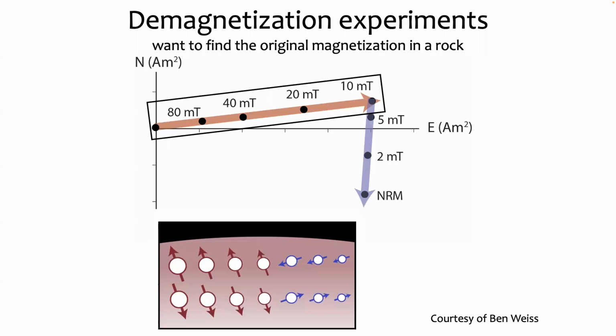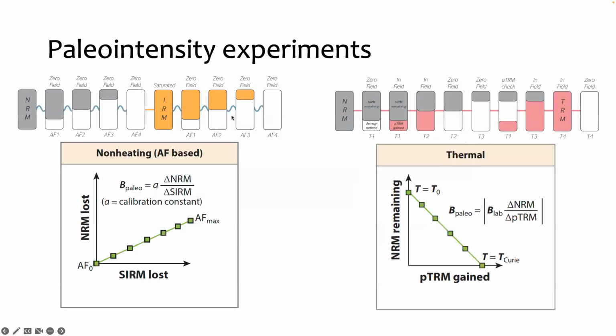The next thing we do, once we have isolated a magnetization direction, is understand the strength of the magnetic fields that created that magnetization. So we conduct a paleointensity experiment. We're using room temperature methods. We use alternating field demagnetization at increasing steps to totally remove the magnetization from a rock.